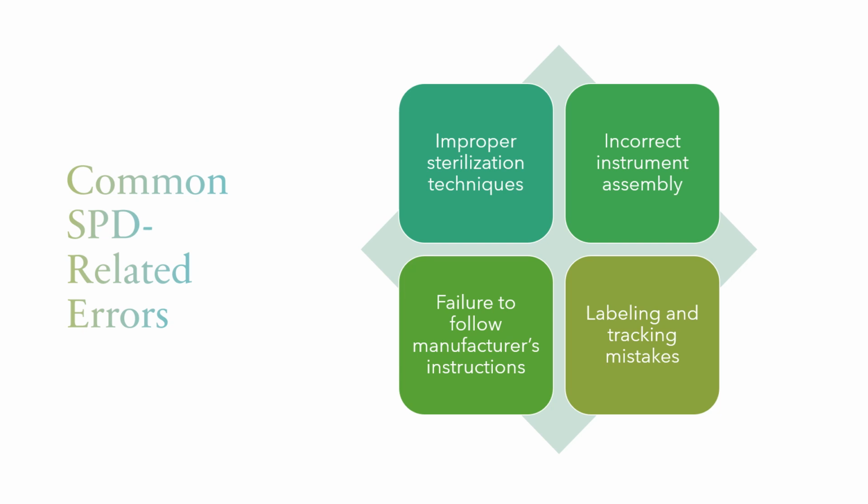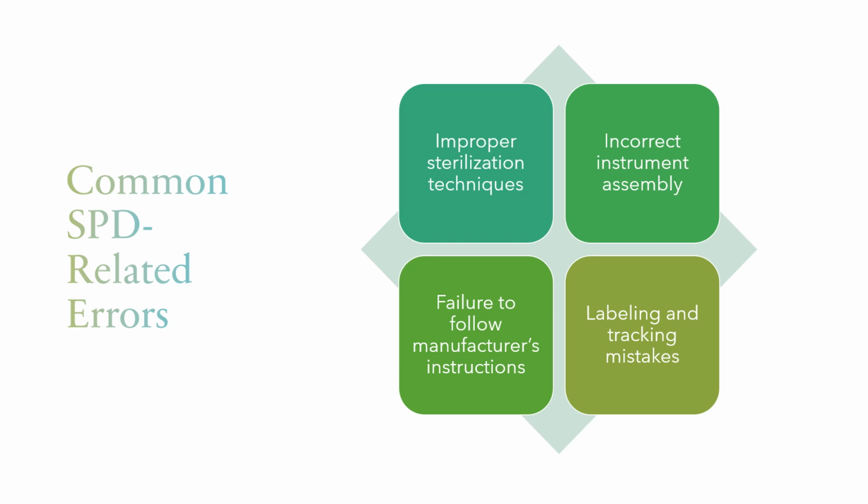Another related error is incorrect instrument assembly. Again, placing the wrong instruments on a tray, not including the correct number of instruments, or including less amount of instruments. Failure to follow the manufacturer's instructions for use is a big one, because if we are not properly sterilizing that instrument according to how the manufacturer tells us, there is a possibility there will be a sterilization failure.